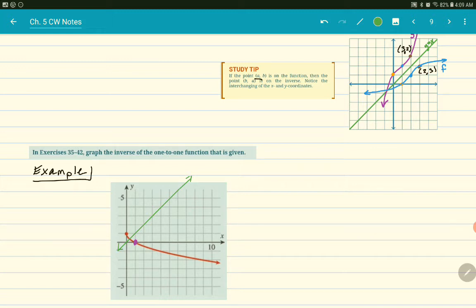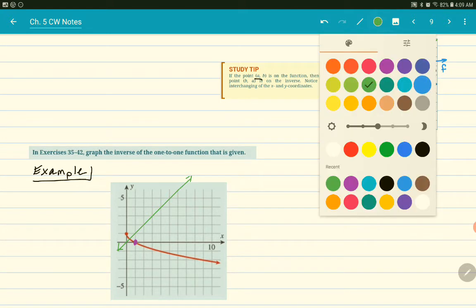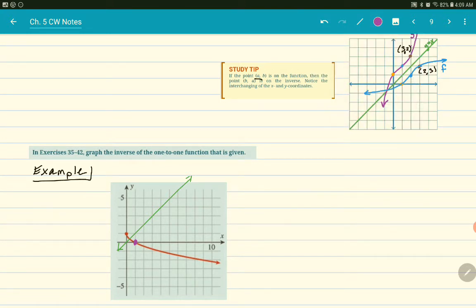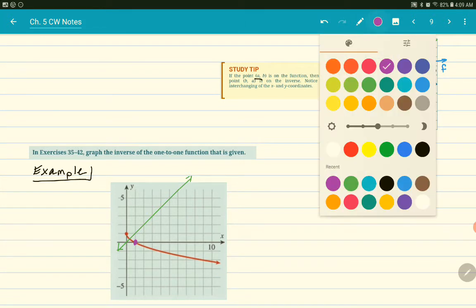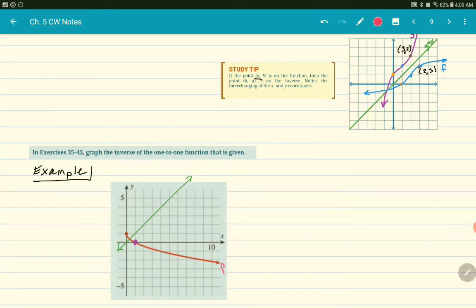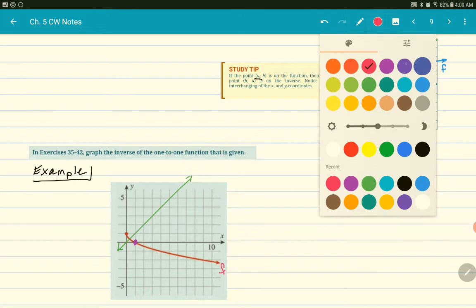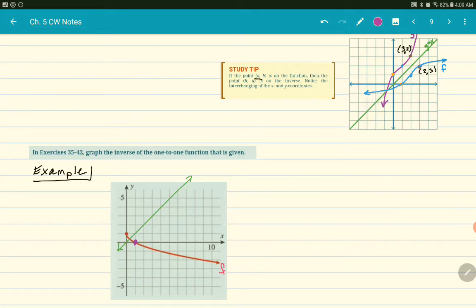And I'm switching all the x's and y's. So that purple dot on the function f, whoops, I don't want to, there we go. If this is f, I guess I'll write f in red, then f has (1, 0) on the graph. So to reflect that over the green line, I just switch the 1 and the 0.